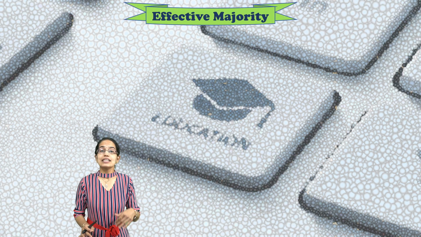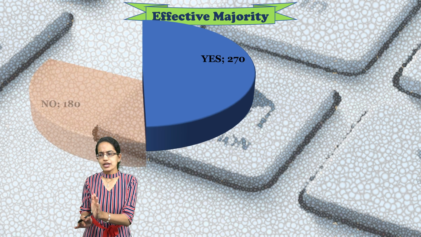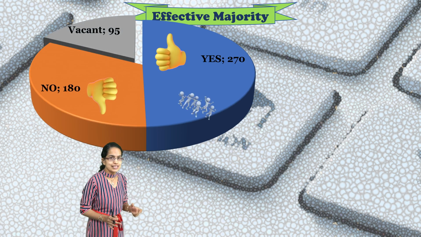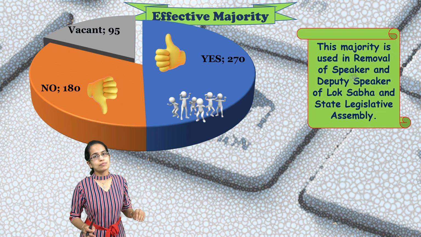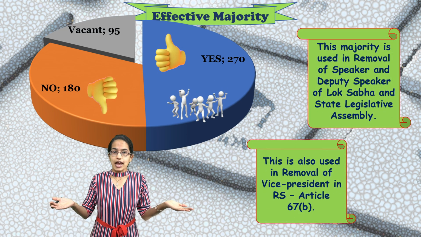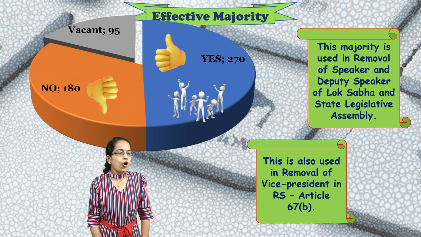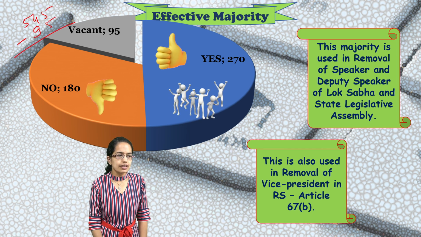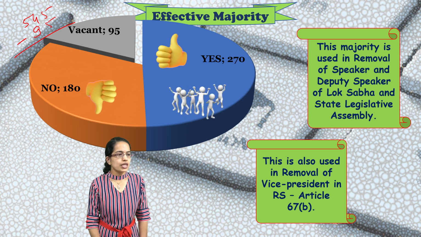The next is effective majority. How does this differ? Effective majority says that at a given point of time, a certain number of seats could lie vacant. Let's say of the 545 seats, 95 seats are vacant. That means we have 450 seats.